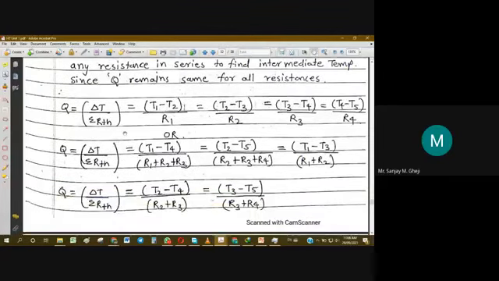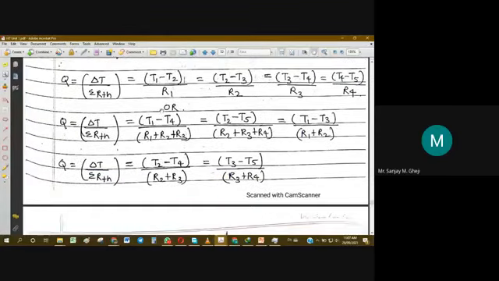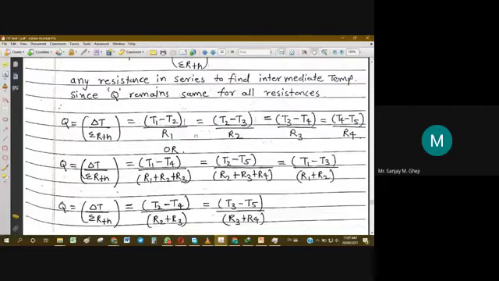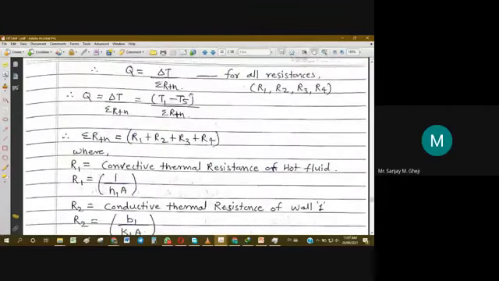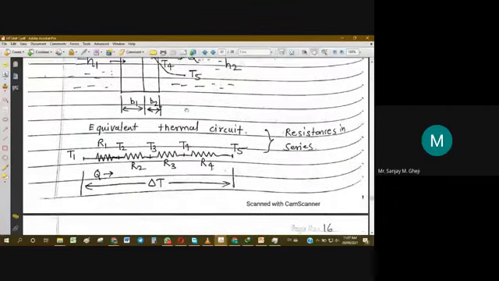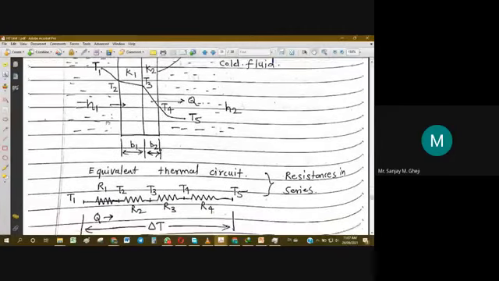In the same way, we can combine any of these four resistances like this. Let's get back to the diagram. Now look at this diagram. Suppose we require to find this temperature T3.